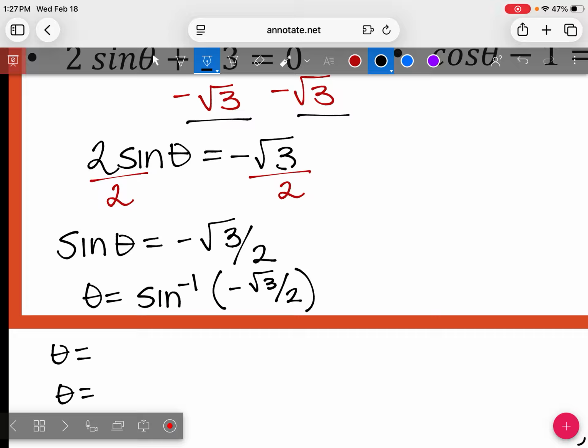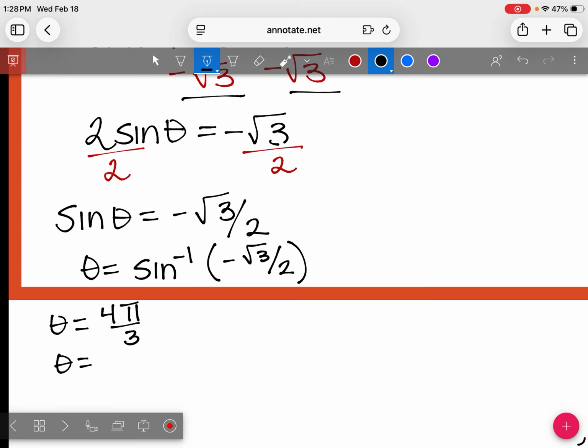But we're going to write our answers differently this time. Okay, so the first place would be in quadrant 3, and the angle would be 4 pi over 3.